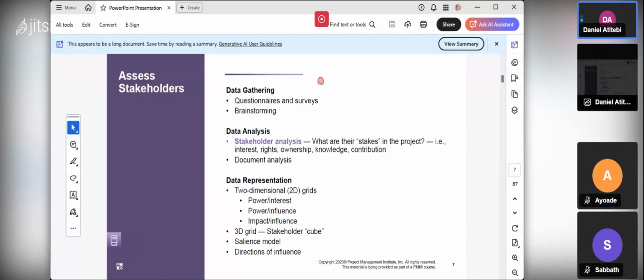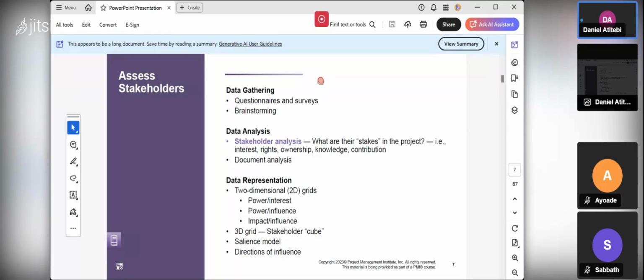You call it data analysis, stakeholder analysis. What is their stake in the project? What is their interest? What is their right in the project? All these things you need to analyze, because this will enable you to know how you are going to relate and engage with them. You have to know each of the stakeholders. What is the interest of this stakeholder? Stakeholder A, what is the right or ownership?